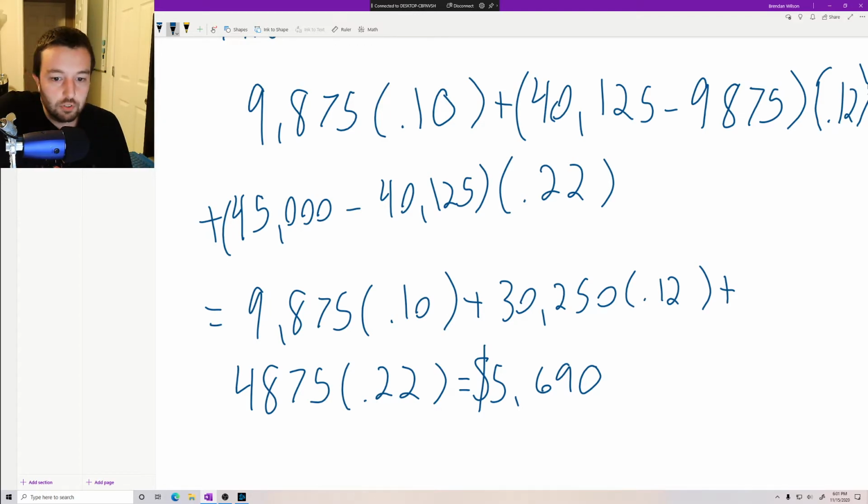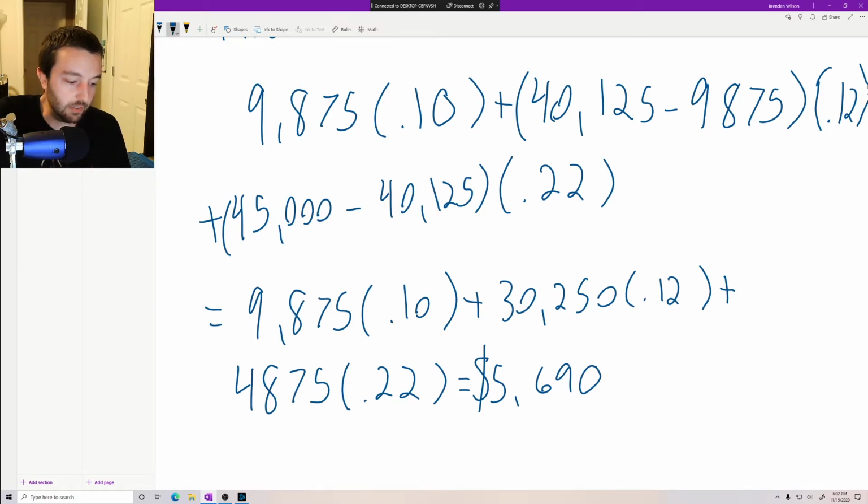So overall, somebody making 45,000 would pay $5,690 in federal income taxes. Sometimes we talk about the effective tax rate, which is that you take the amount of money you pay in taxes and divide by your income, and that'll give you the percent that you actually paid in taxes on all of your money.